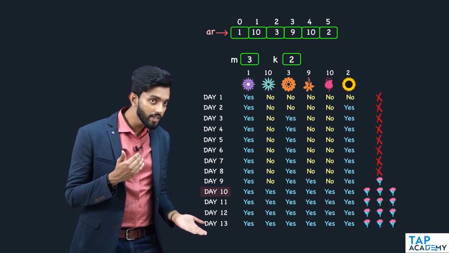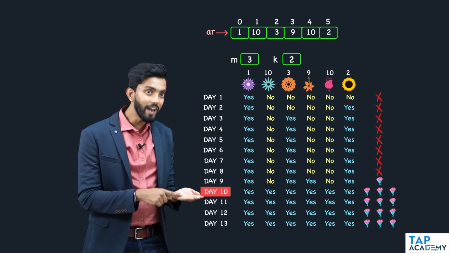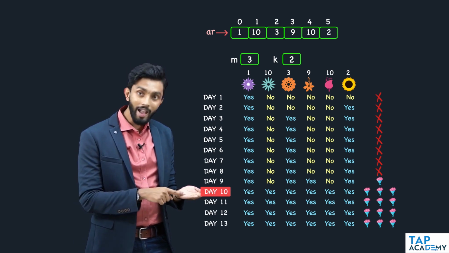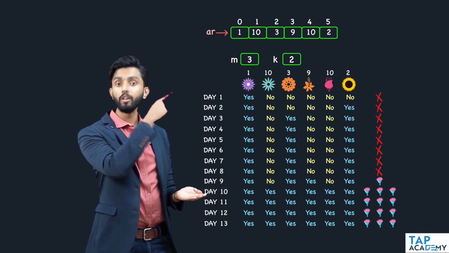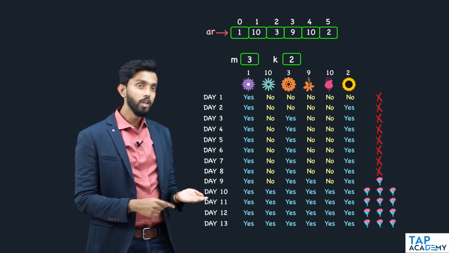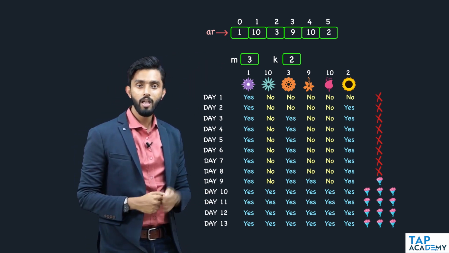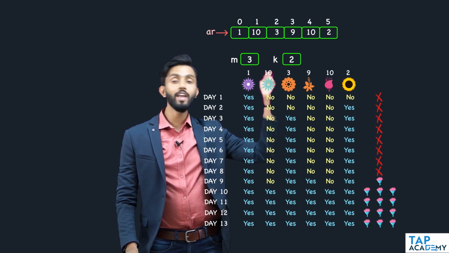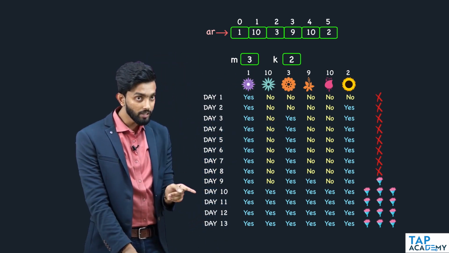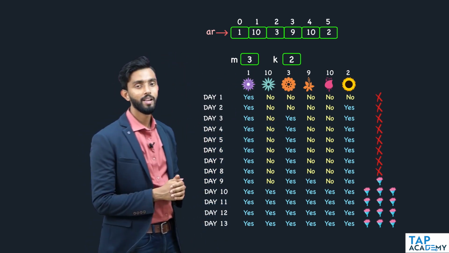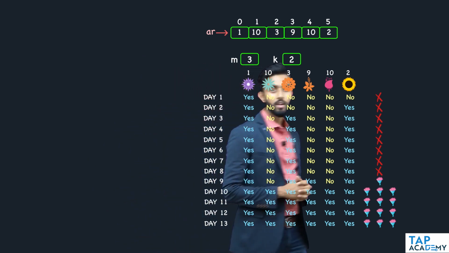But out of all those days, day 10 is that day which is the maximum time it will take for all the flowers to bloom, such that you can create M bouquets and each bouquet makes use of K adjacent flowers. So this 10 must be your output. Did you understand the question?